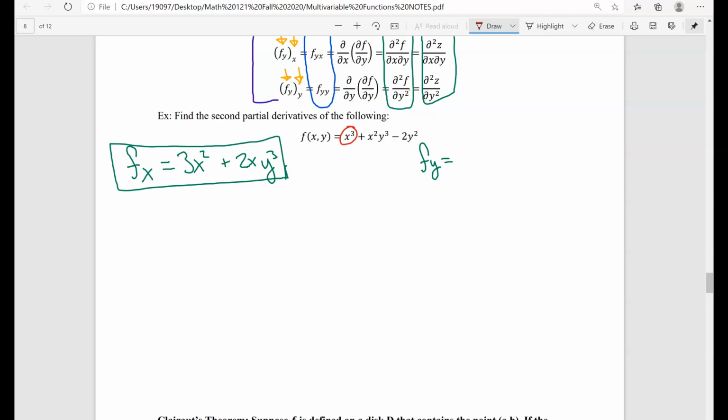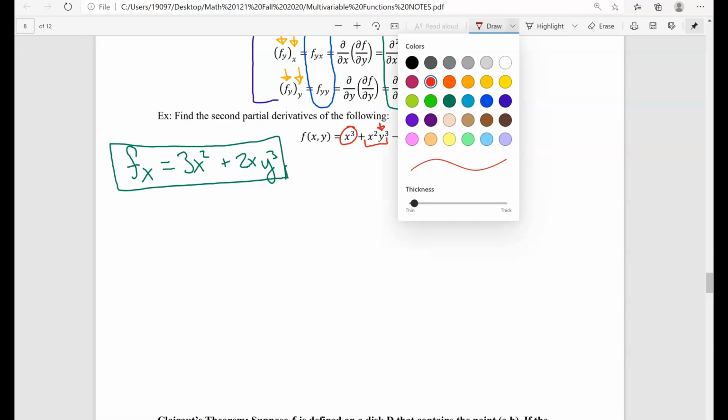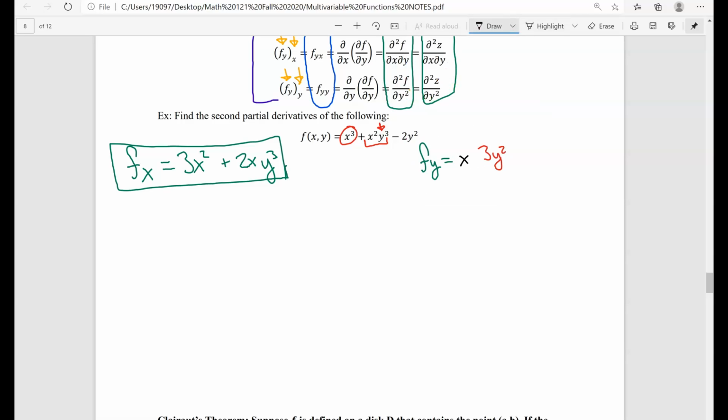The derivative of the second term with respect to y is just 3y squared, and the x squared is just a spectator, because we're focusing on y. The other term only has y, so we get minus 4y. So my first partial with respect to y is 3x squared y squared minus 4y.